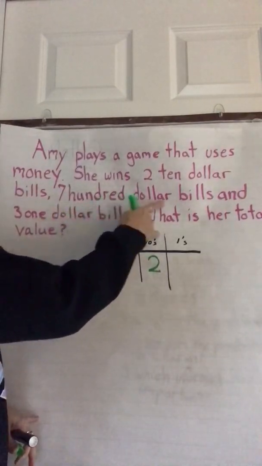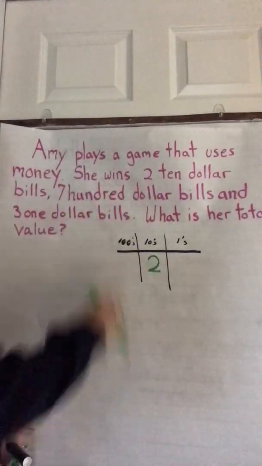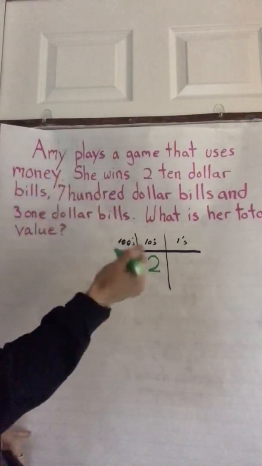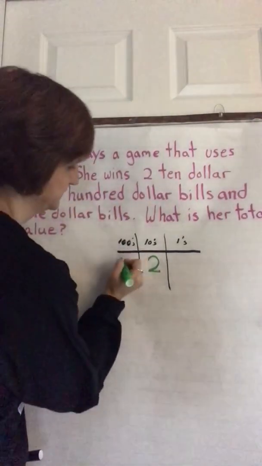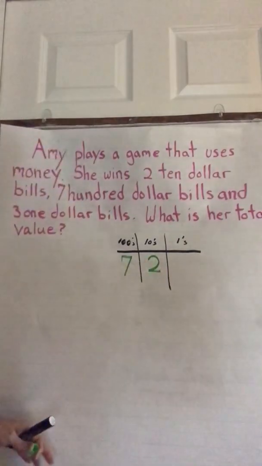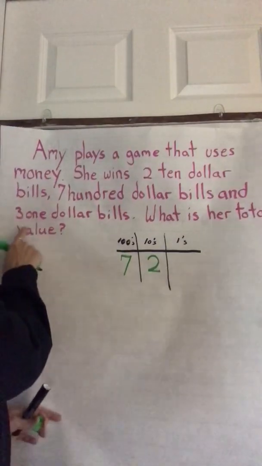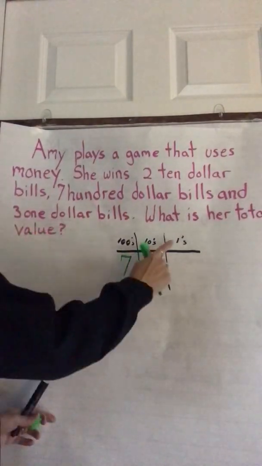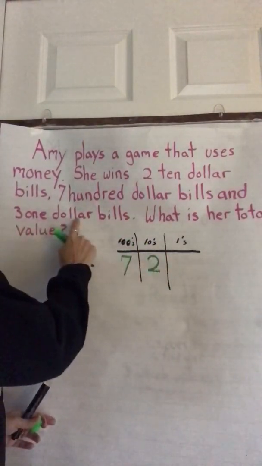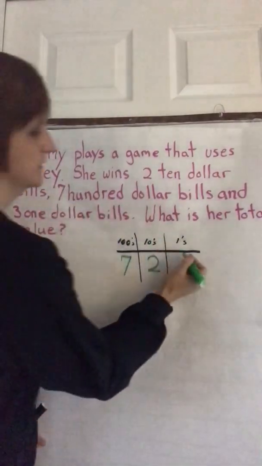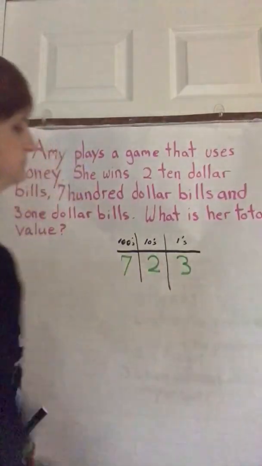I'm going to look at the next number. 7 $100 bills. Okay, hundreds place. Hundreds place. How many? 7. So there's my 7. And the last one, 3 $1 bills. Ones place. 3.